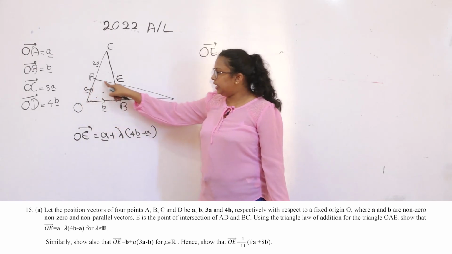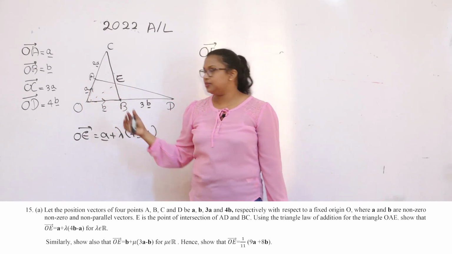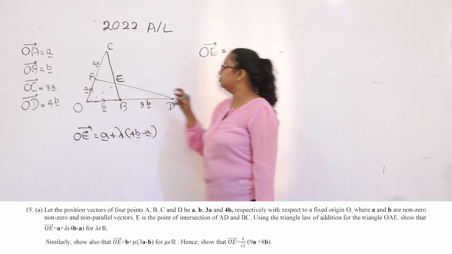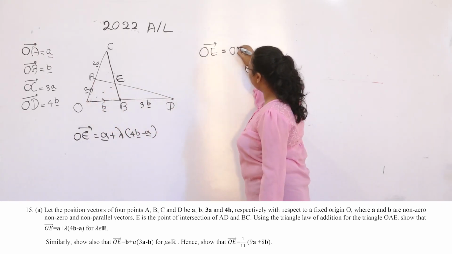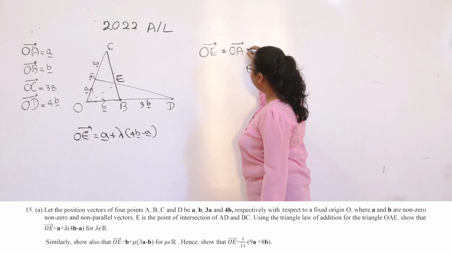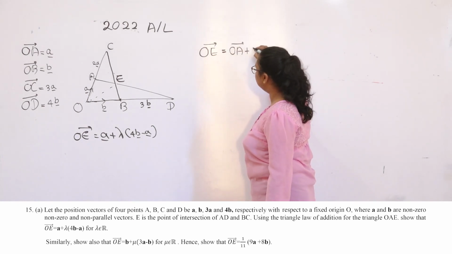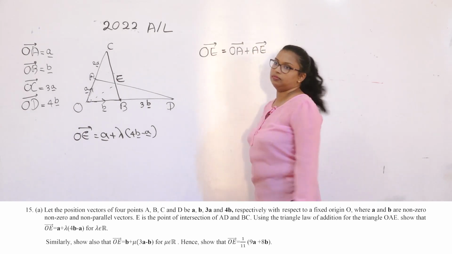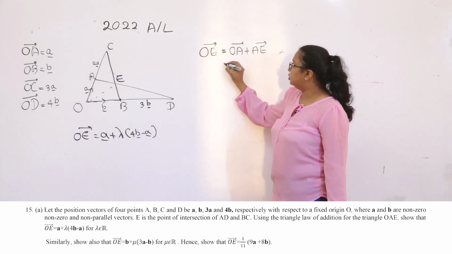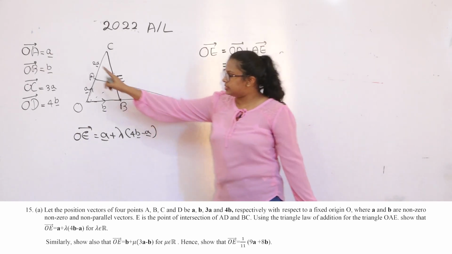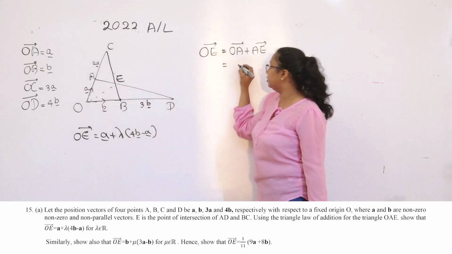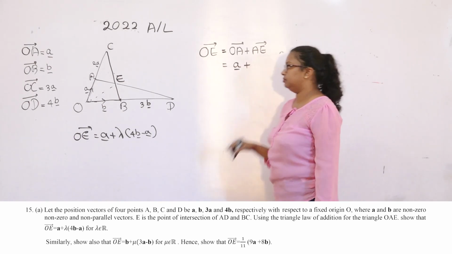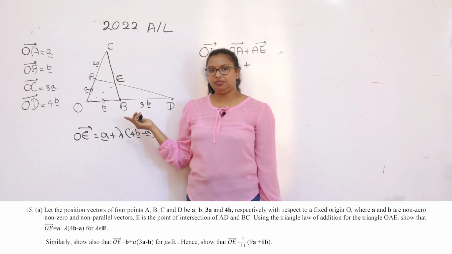OA plus AE. I mean, you have to use vector addition, so we have to get OA plus AE. Okay, so OA means what? OA is equal to A. Plus AE. See, we don't know the value of AE, right?